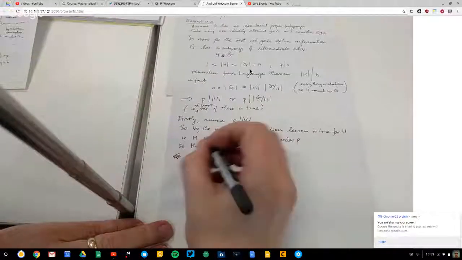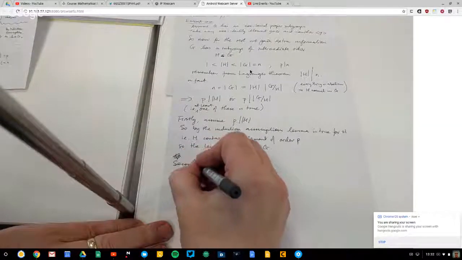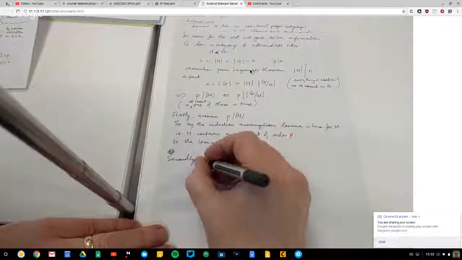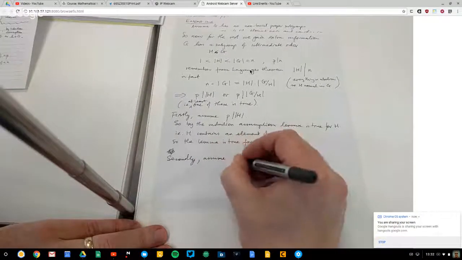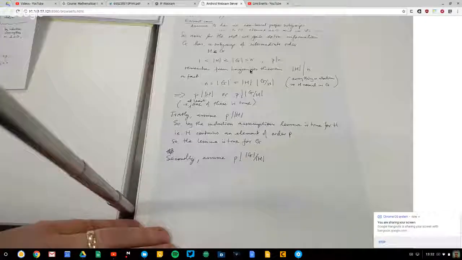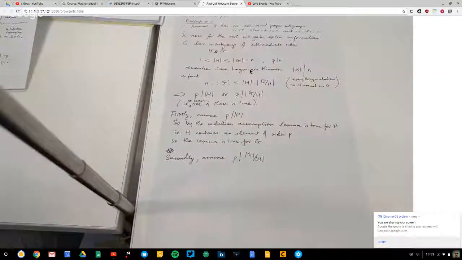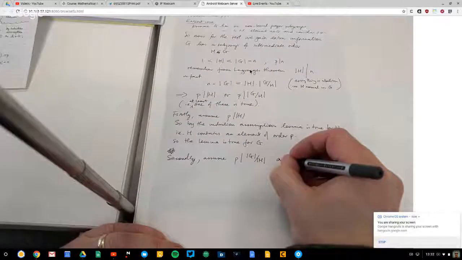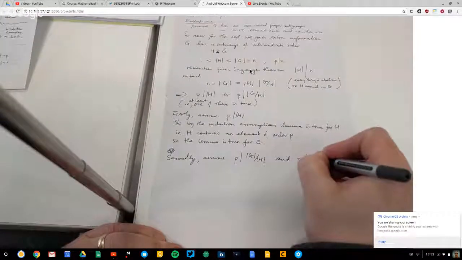So secondly, on the other hand, assume p divides the size of G over the size of H. If p divides the size of H, we can do that argument just using the induction assumption. So now we assume it doesn't divide H. So we're forced to assume that p divides the size of the factor group.